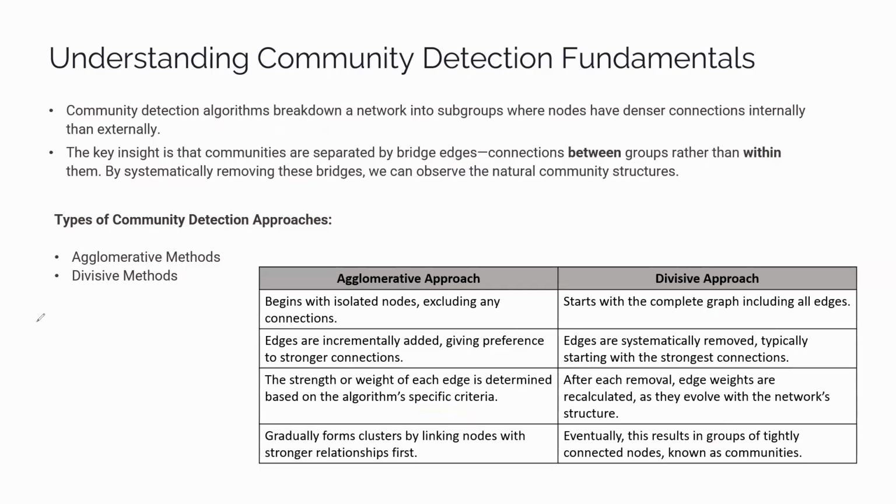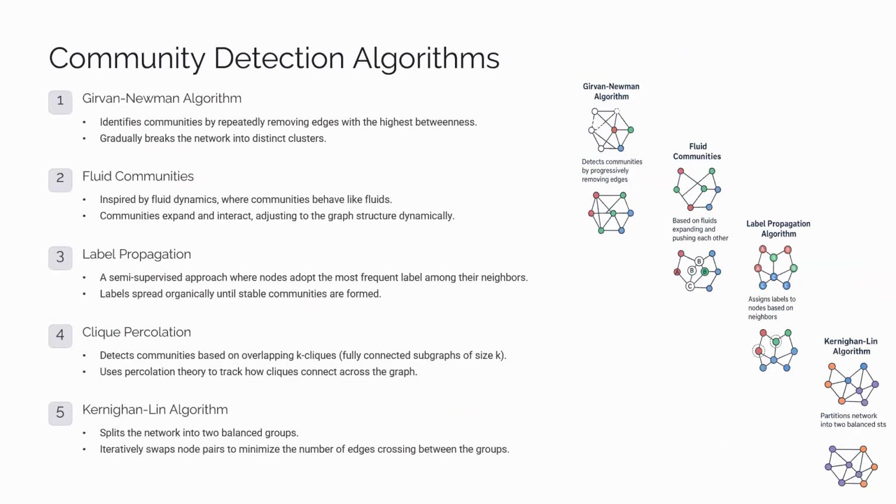And when we talk about the community detection algorithms, there are a few algorithms that we need to look at. The Girvan-Newman algorithm is a divisive approach. It identifies communities by repeatedly removing edges with high betweenness. That means we will have to calculate the edge betweenness centrality measure, and whichever edge has the highest edge betweenness centrality, we remove that.